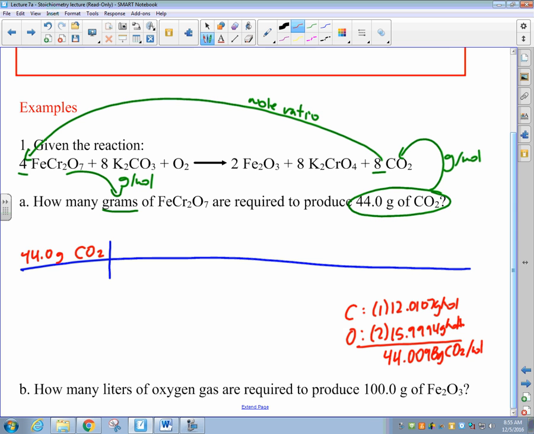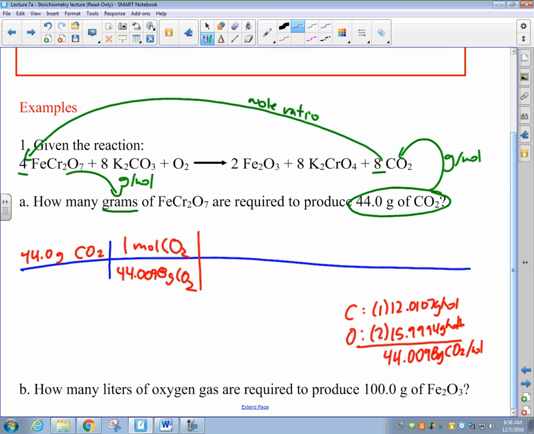So far, so good. So the unit that needs to go on the bottom of a monorail to make things cancel properly here is 44.0098 grams of CO2 is equivalent to 1 mole of CO2. So far, so good.